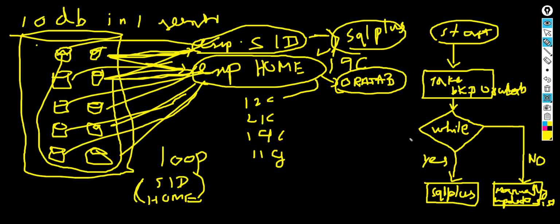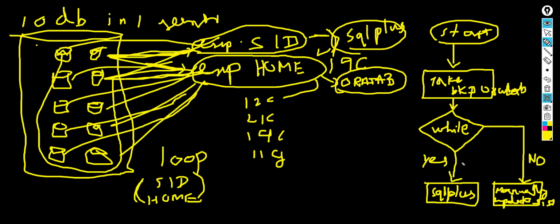So if we have a database which is running on the server, but that database's environment variable is not present in the ORATab file, then obviously the script will not set the environment variable for that particular database for which the ORATab entries are not updated. So we need to make sure that all the databases which are running on the server have ORATab entries before we write any script.